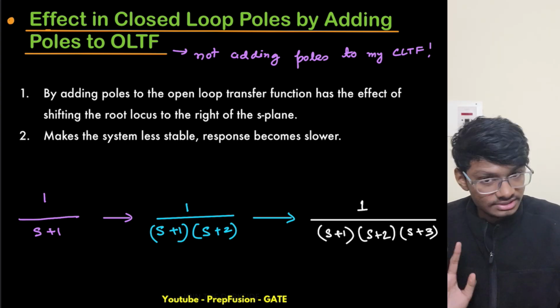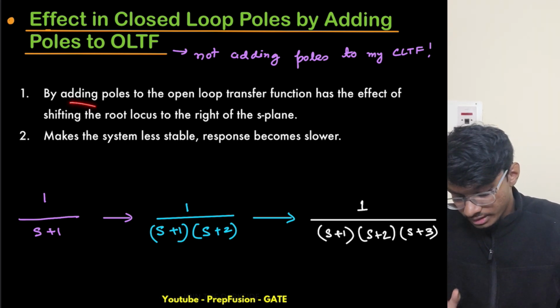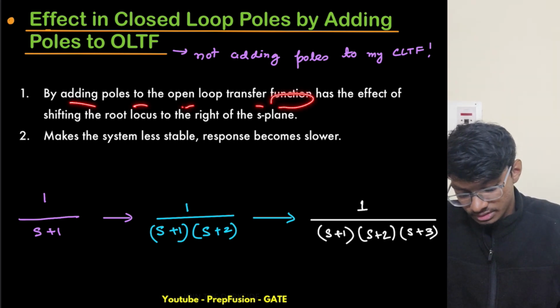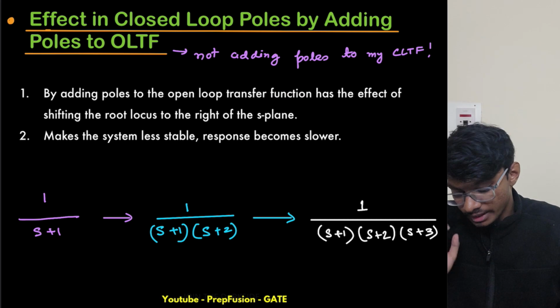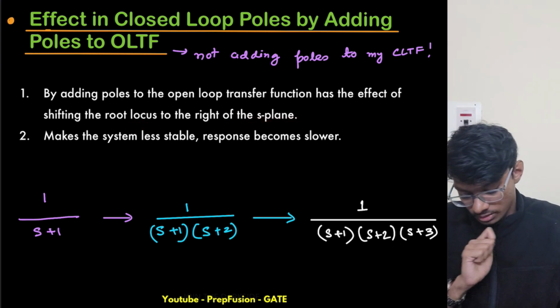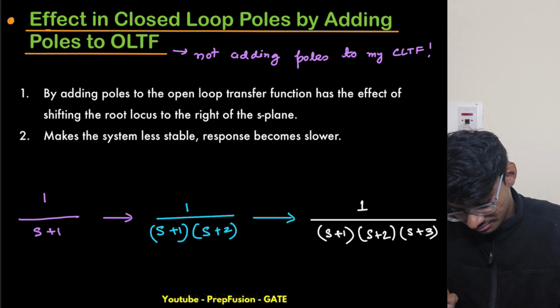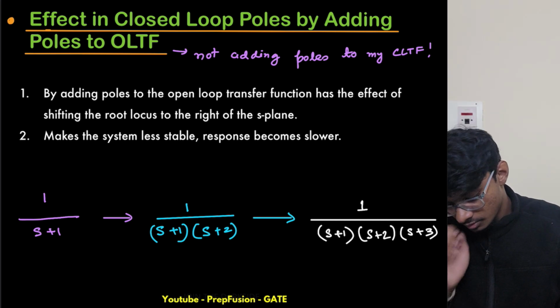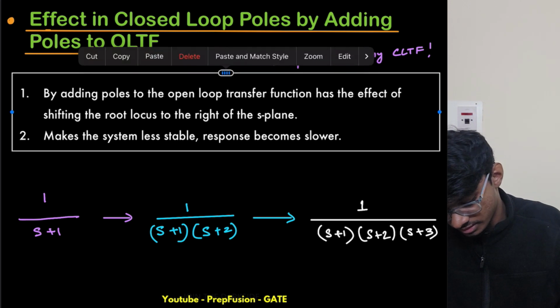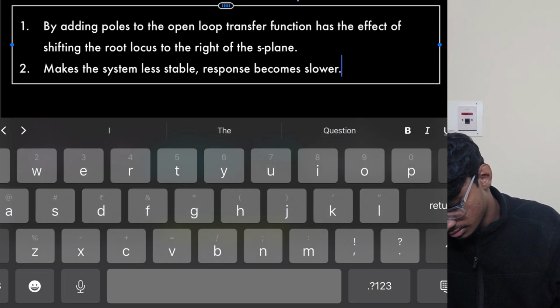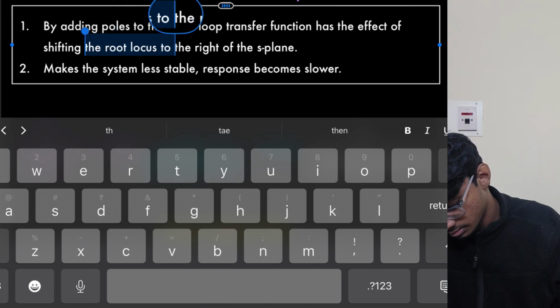What this point is telling us is that by adding poles to the open loop transfer function, it has the effect of shifting the root locus to the right half of the S-plane.